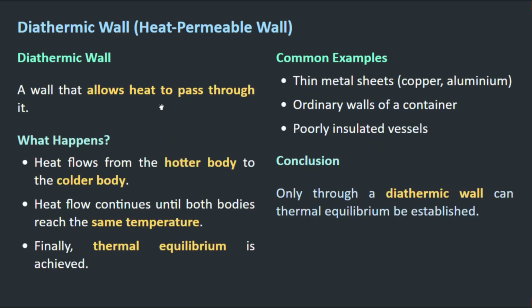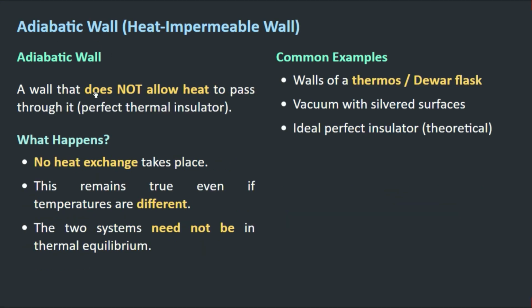Diathermic wall, a wall that allows heat to pass through it. What happens? Heat flows from the hotter body to the colder body and eventually they reach the same temperature, thermal equilibrium. Common example, conclusion. Okay. Adiabatic wall, the wall that does not allow heat to pass through it. Very simple things. Okay, so a vacuum with silvered surface, the walls of a thermos, they tend to be an adiabatic wall.